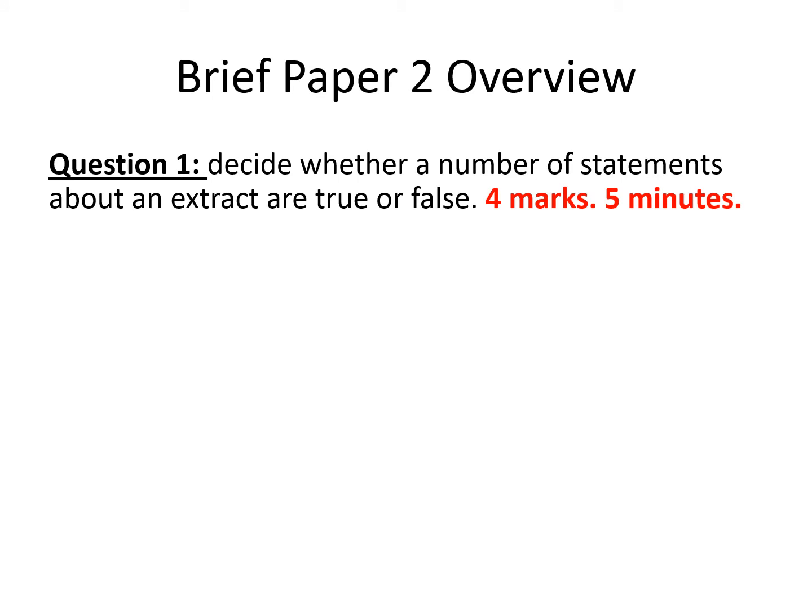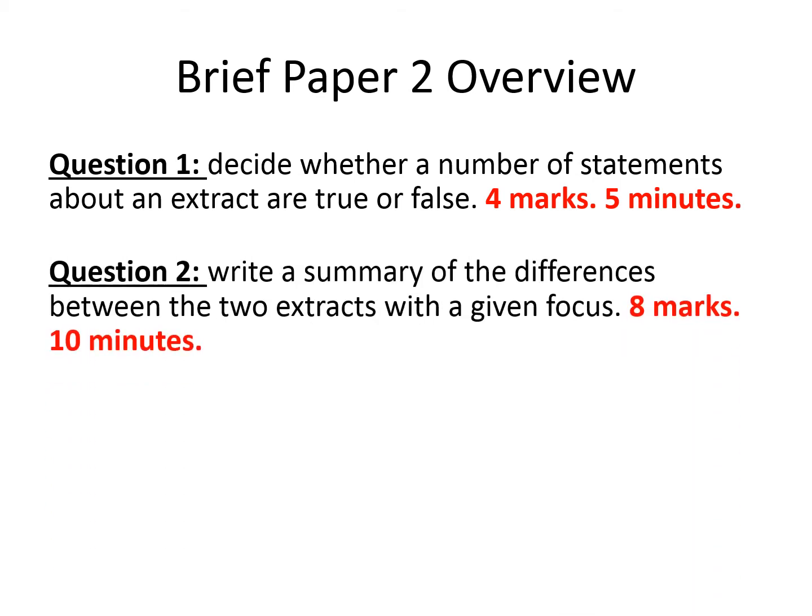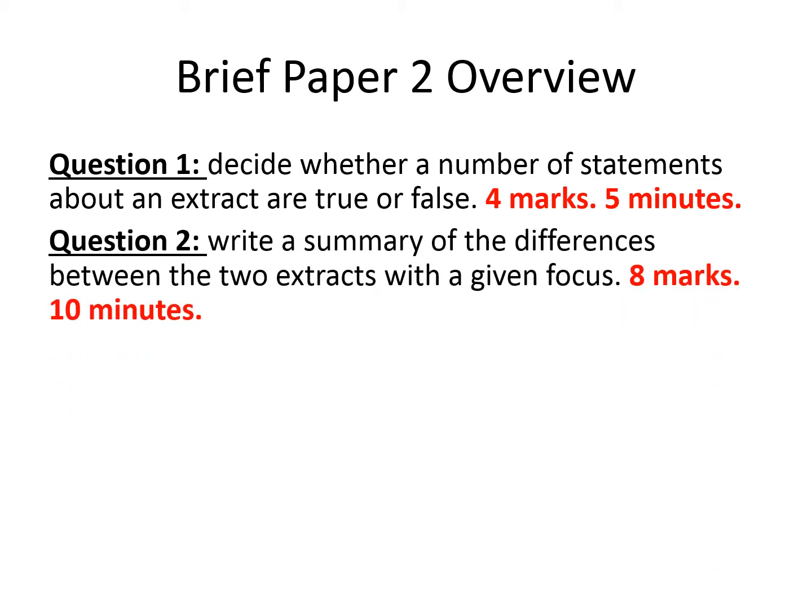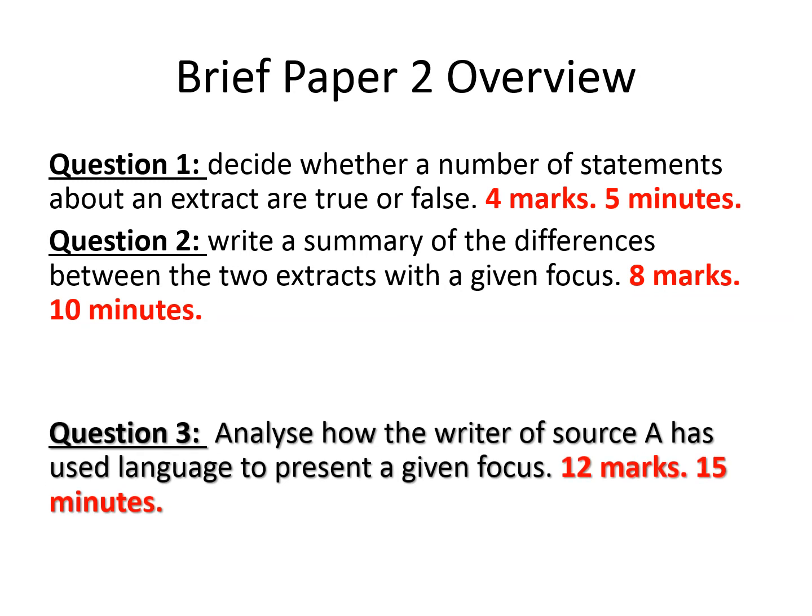So question 1, it's a simple one, 4 marks, we say about 5 minutes, and it's really just a case of deciding whether a number of statements about one of the extracts you read are true or false. Question 2 is what I looked at in my previous lesson, so if you haven't looked at that lesson yet and gone through it, I highly recommend you do. It's the summary question, it's worth 8 marks, and you should spend about 10 minutes on that.